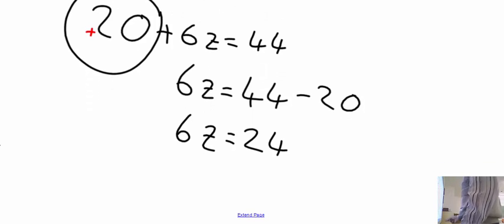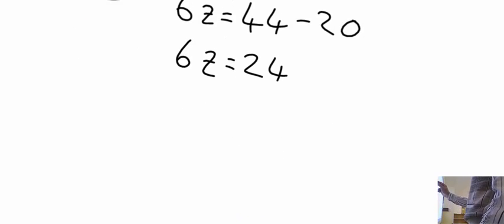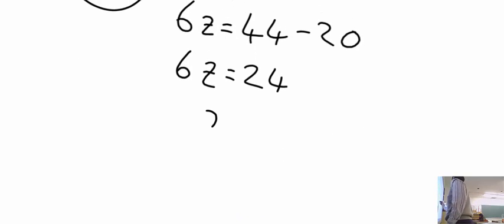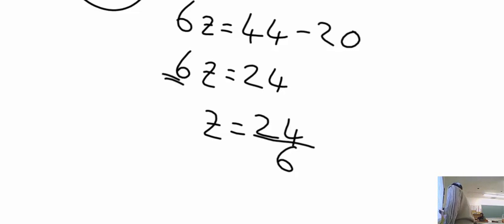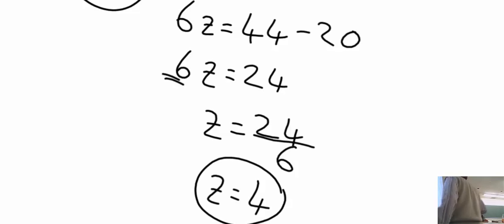And the last thing you do here is leave the Z alone. And what the 6 does there is multiplication. You know, you practice this. It will divide on the other side, and use your calculator, and that will give you the answer: Z is 4.